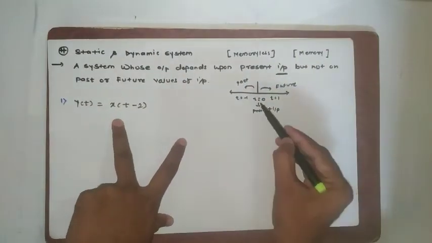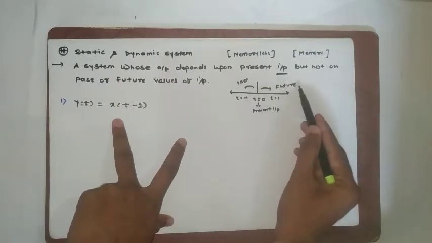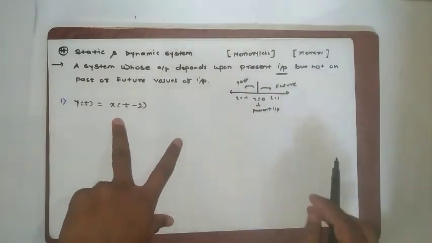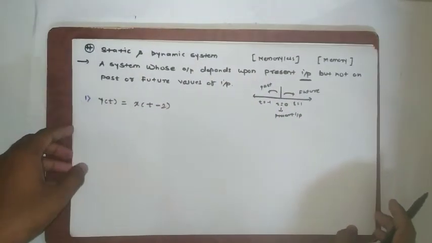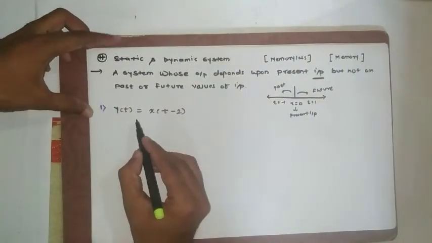That means for t equal to 0, which is a reference, t equal to plus 1 is its future input, and t equal to minus 1 will be its past input. So based on that, we can check whether the given system is static or dynamic.